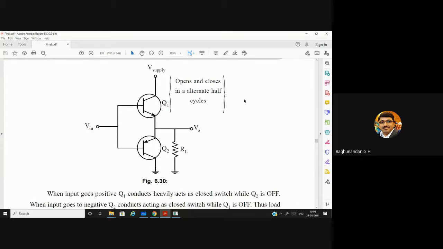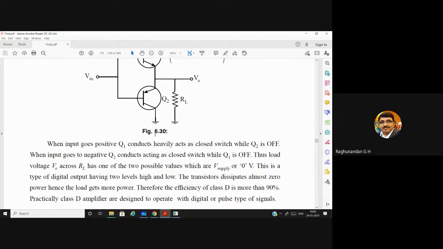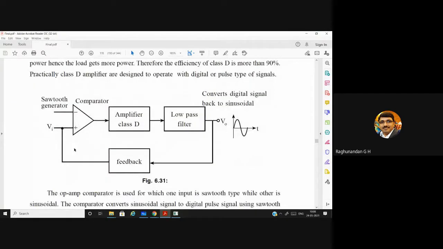Here, to understand the concept, we are just going to study this two transistor model, but in a practical scenario we are going to connect like this.